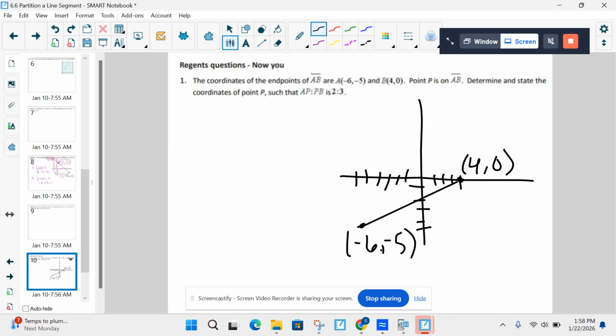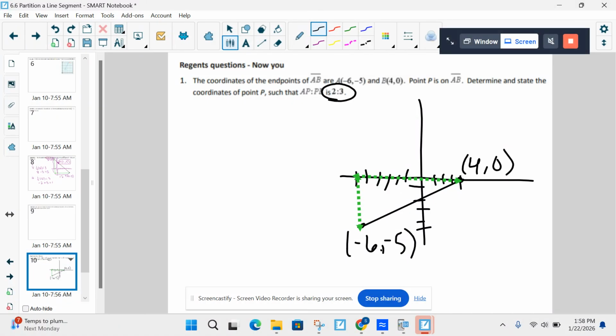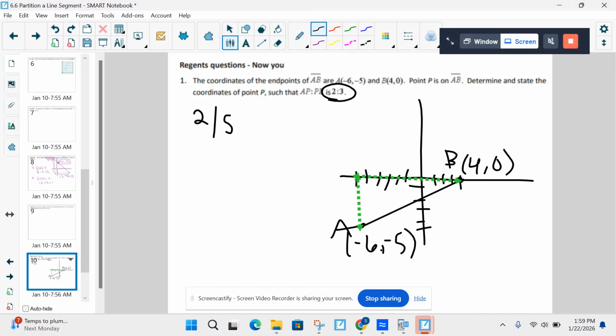Okay, so you got your coordinates. Then we're gonna go up and over. Ratio is 2/3. That means what fraction of the way is going to be our point? 2/5. Because that's the slope. And notice from A to B, it goes up 5 over 10, and they're both divisible by 5.